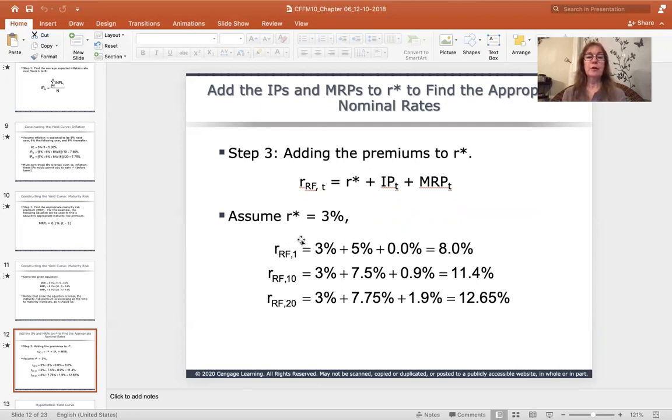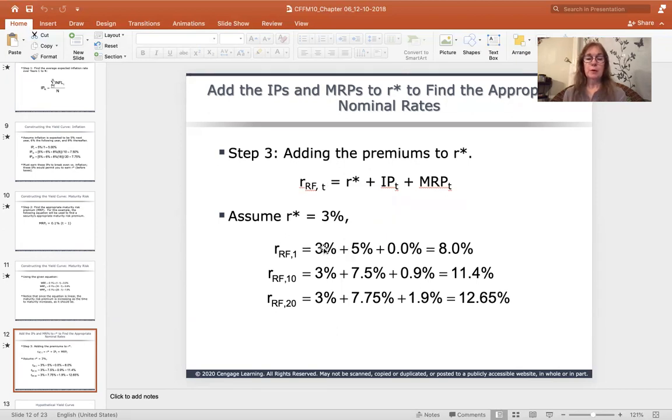So we have R equals the risk-free rate, the nominal risk-free rate equals the real risk-free rate. The nominal risk-free rate equals the real rate of return plus the inflation premium plus the maturity risk premium.